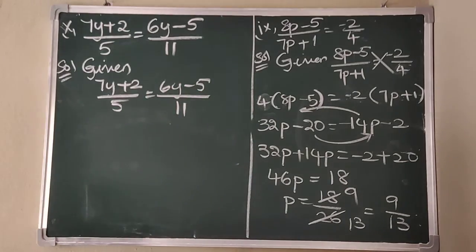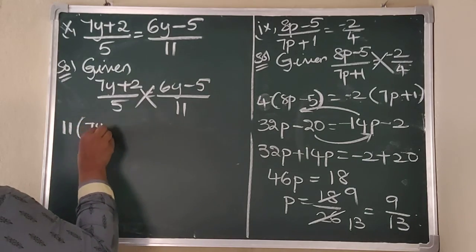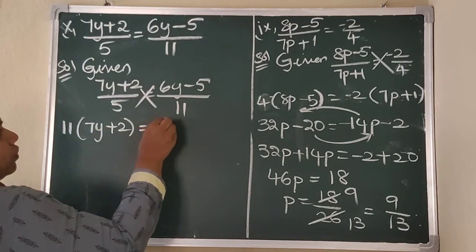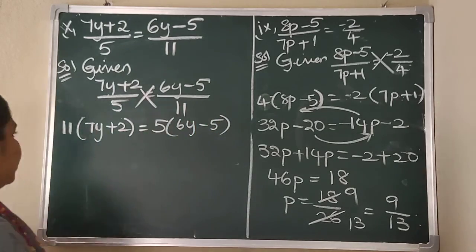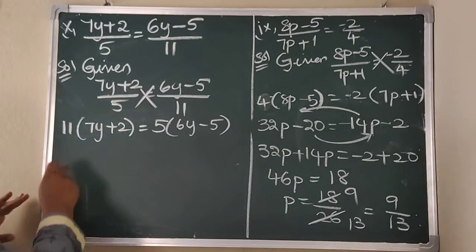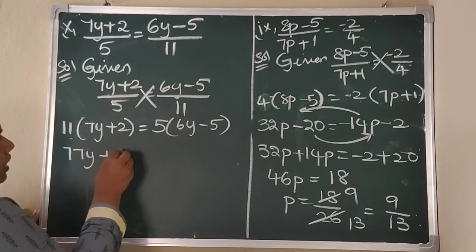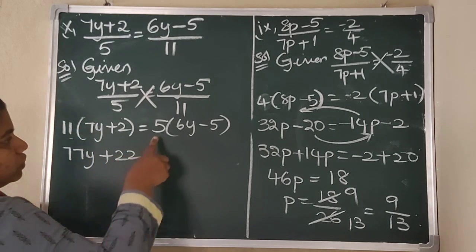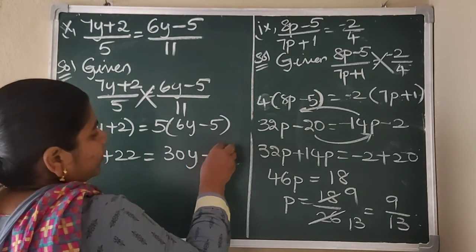Do cross multiplication. So it will be 11 into (7y plus 2) is equal to 5 into (6y minus 5). Each and every term you multiply with each other: 11 7s is 77y plus 11 2s is 22 is equal to 5 6s is 30y minus 5 5s is 25.